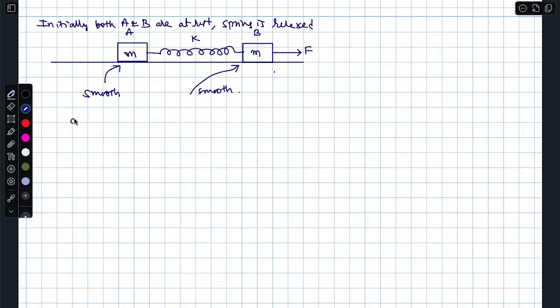Now, what is the acceleration of center of mass of the system? External force divided by total mass of the system. This is the acceleration of center of mass.